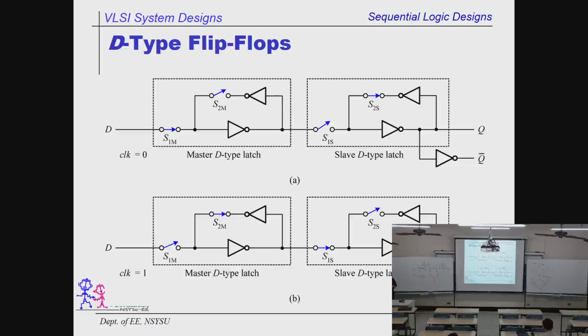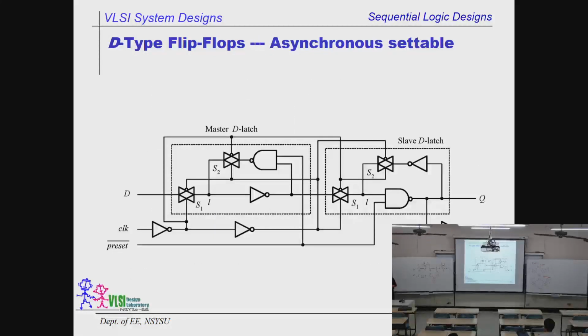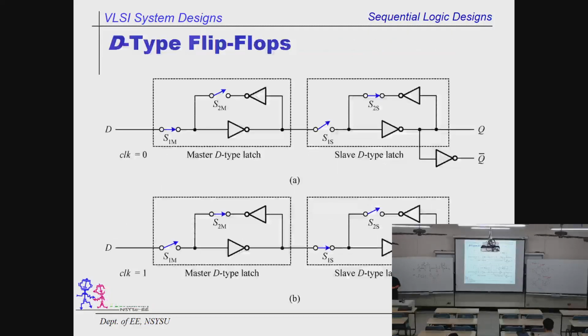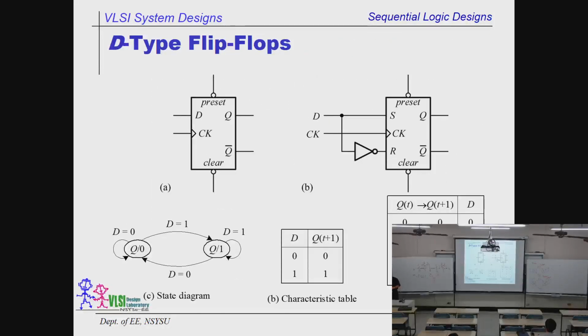Okay, now let's go to the next one. It's a little bit more complicated, but not that hard. What is this about? There's a function I forgot to bring to your attention. When we check almost all kinds of flip-flops, they must at least have one of the functions called reset or preset.